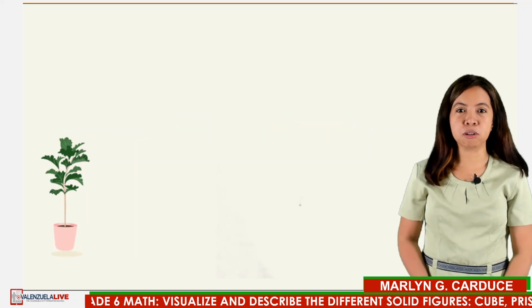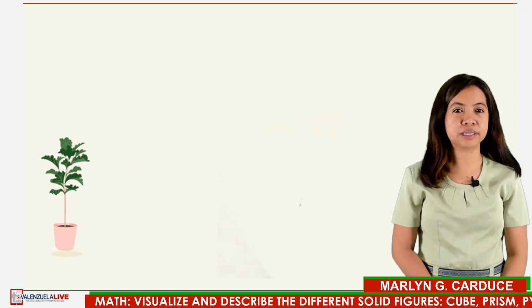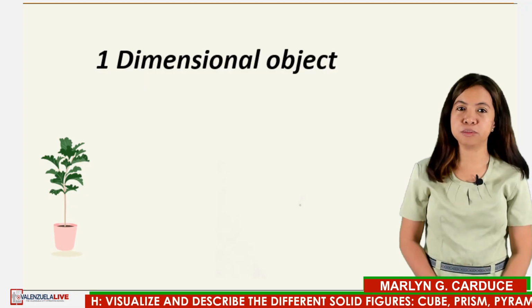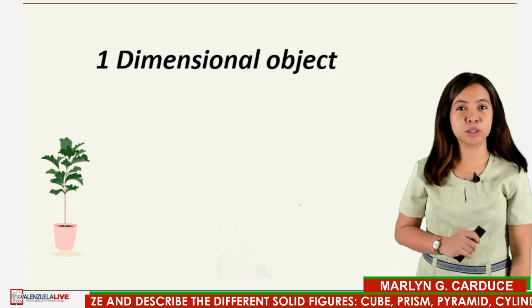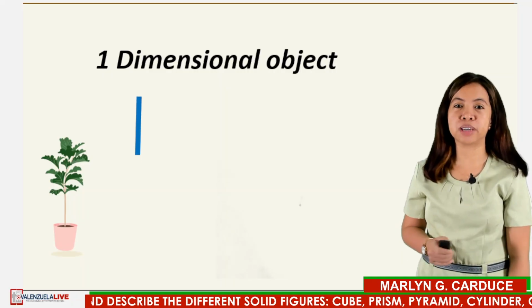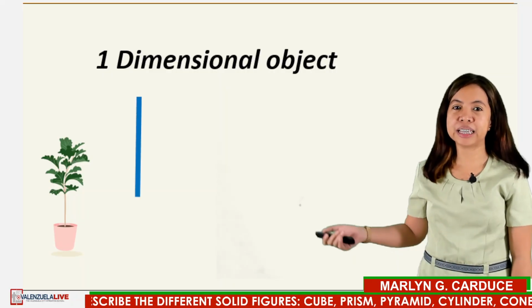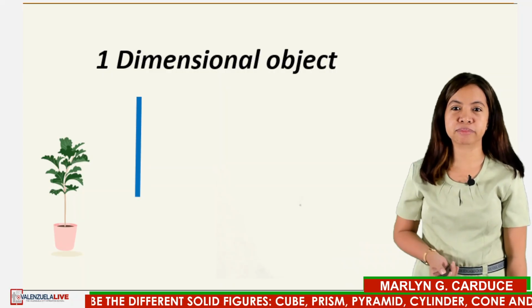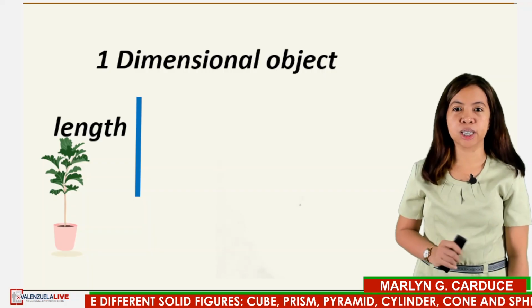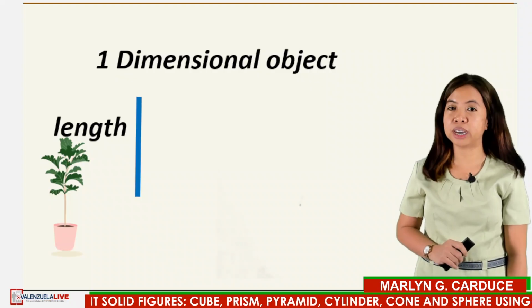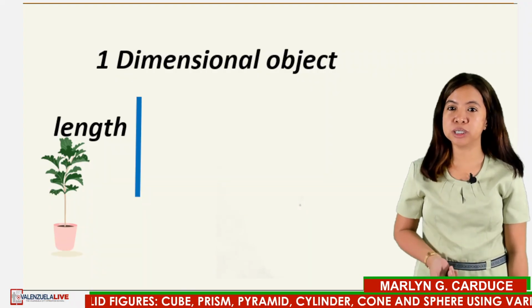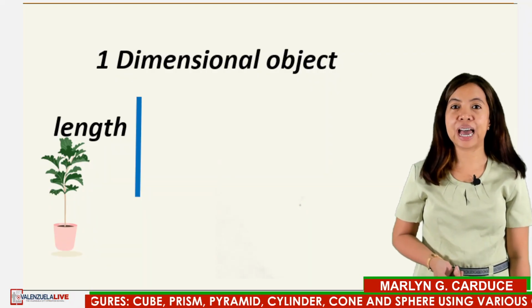To understand more about solid figures, it will help us if we back up just a little and start out with a one-dimensional object, like this line segment. To measure a one-dimensional object, we need a one-dimensional quantity, which is usually called a length.